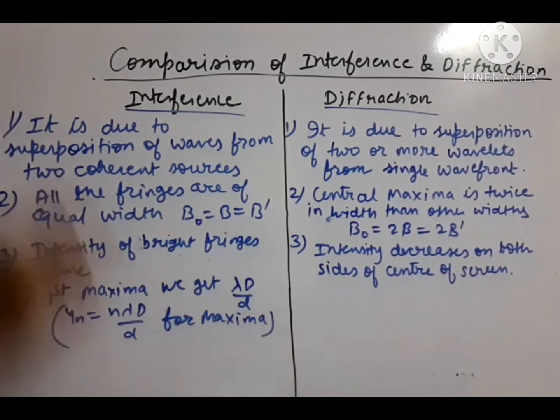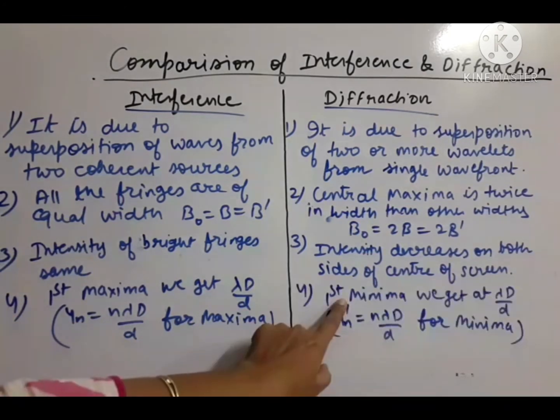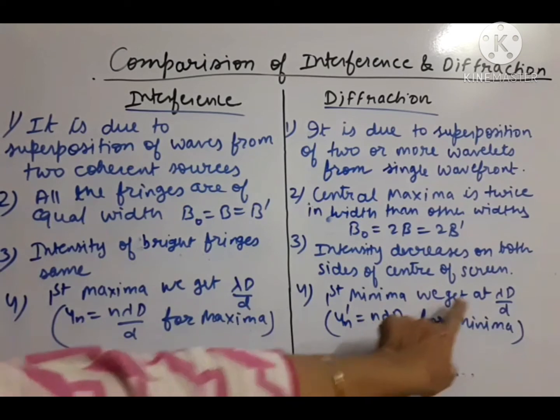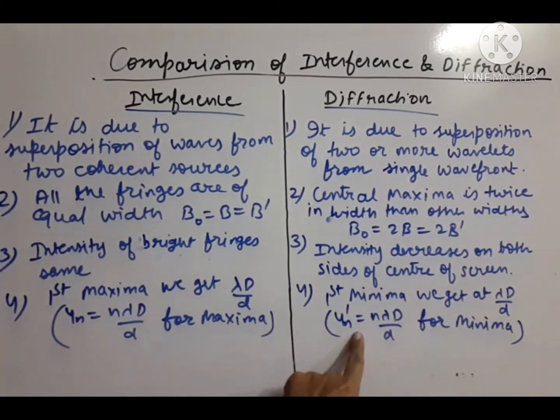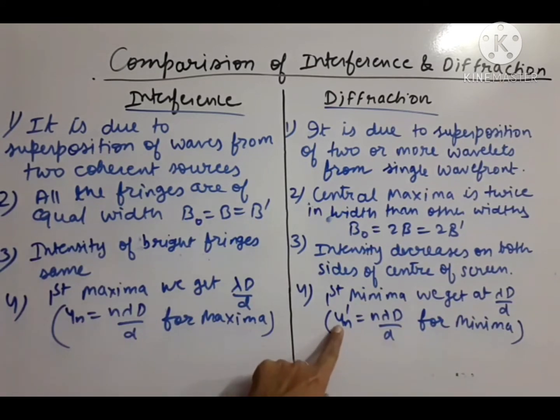But in diffraction the same formula is for minima. Here the first minima we get at lambda D by d, because this condition n lambda D by d is for minima. So this is the change. These are the differences between interference and diffraction.